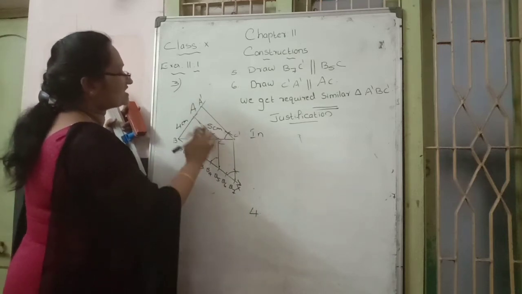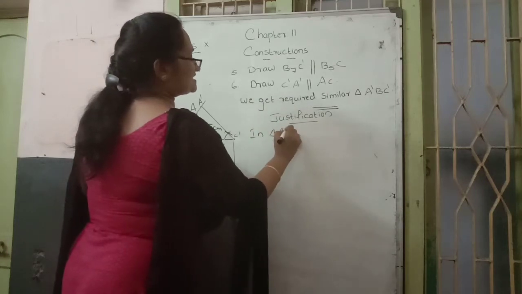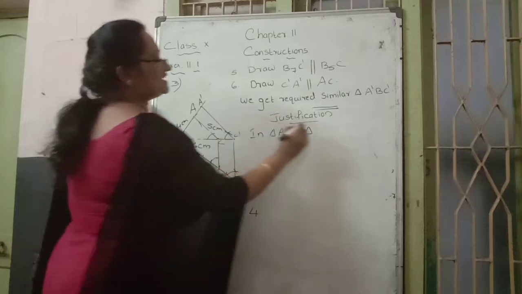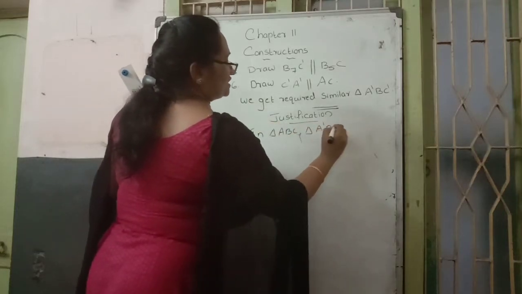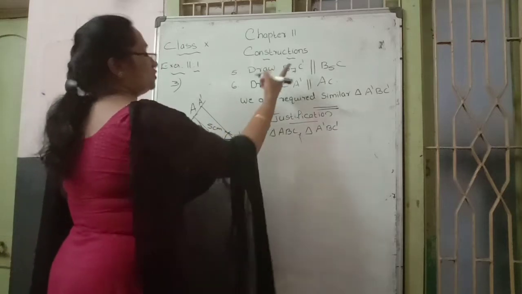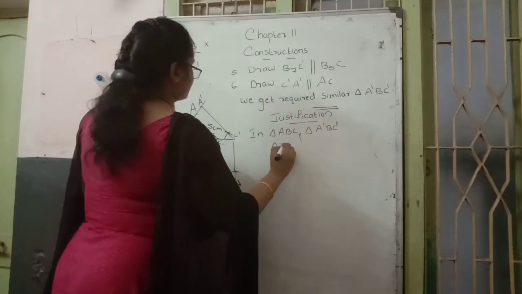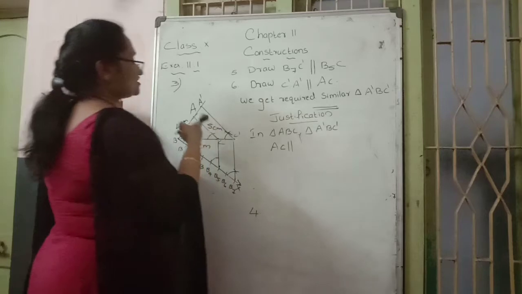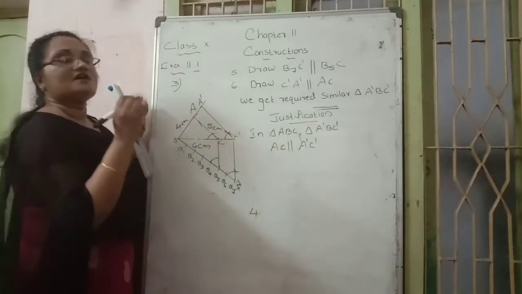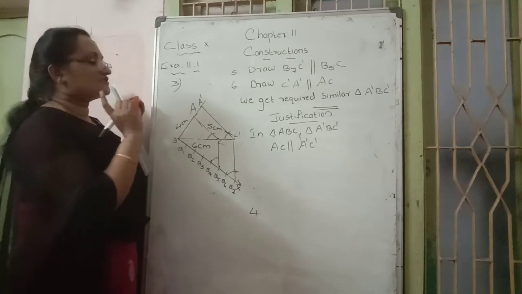One is our original triangle ABC. Second is our similar triangle A dash B C dash. Then we already proved that side AC is parallel to side A dash C dash of the similar triangle.